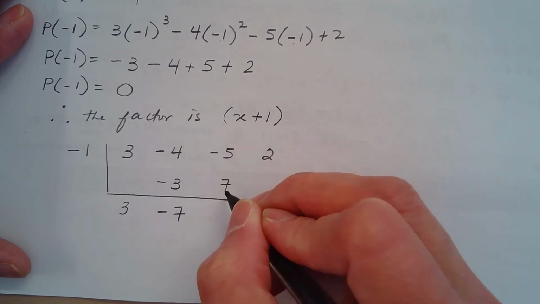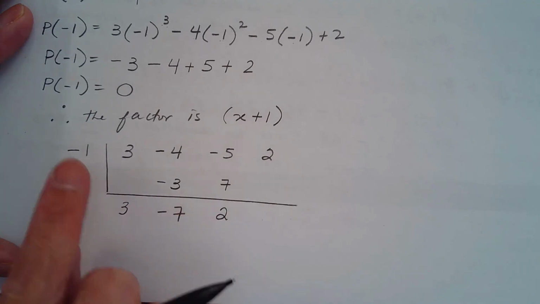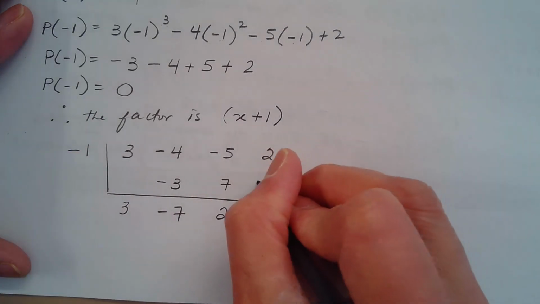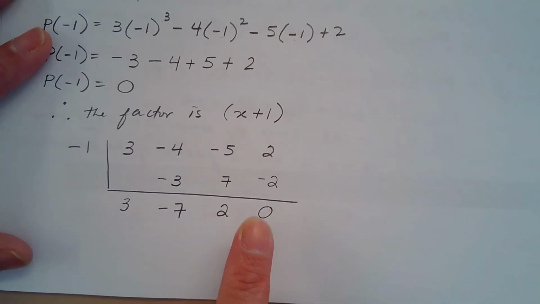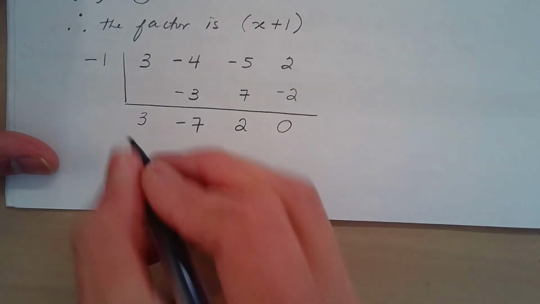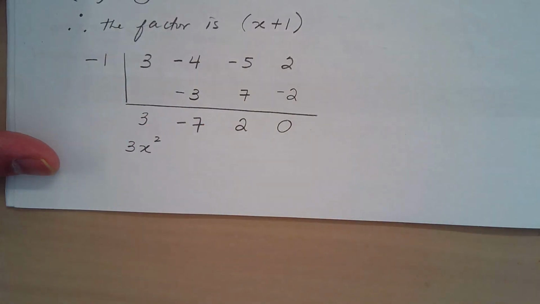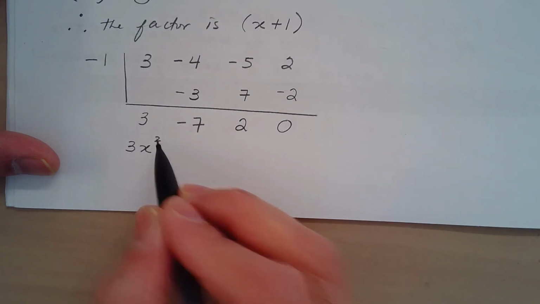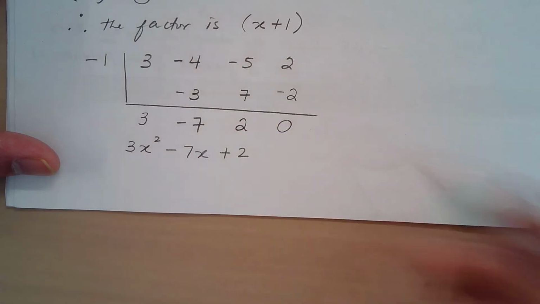Add them together, positive 2. 2 times negative 1 is negative 2, and that's remainder 0. We know the remainder is 0, so what are the other factors? Is the dividing just verifying? No, we're trying to figure out the other factors. So this is going to be 3x squared minus 7x plus 2.